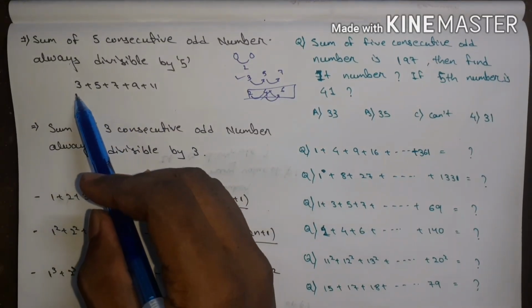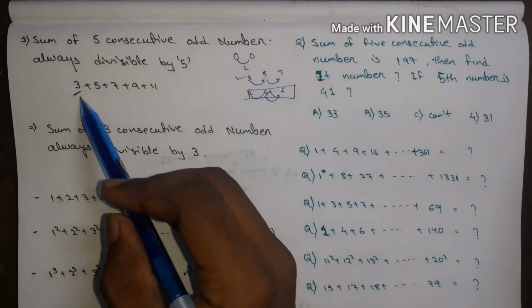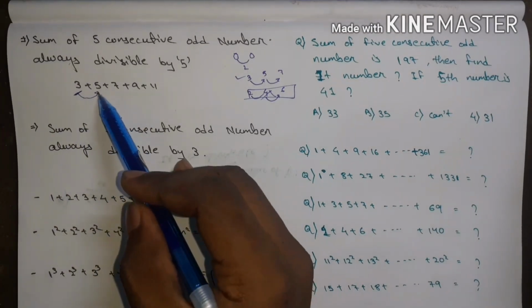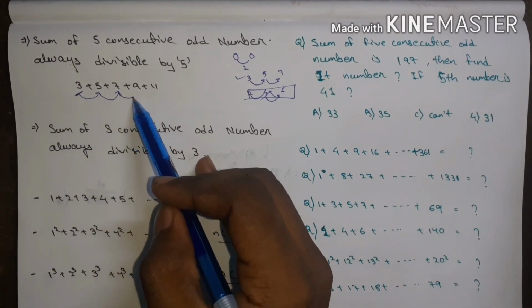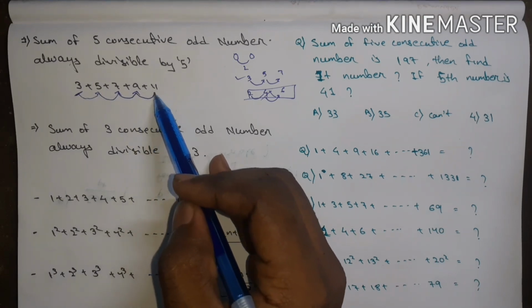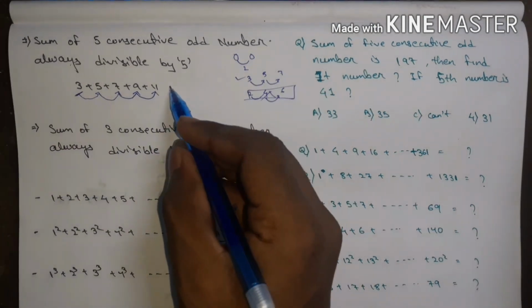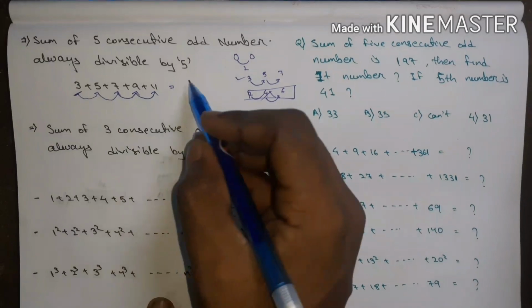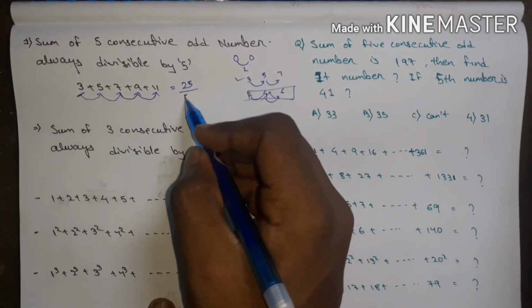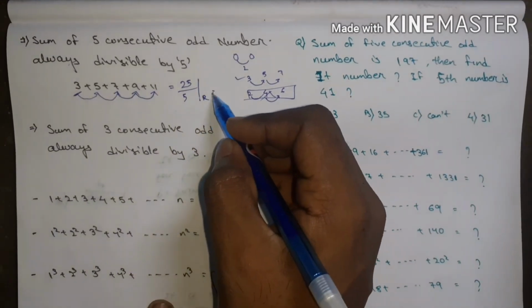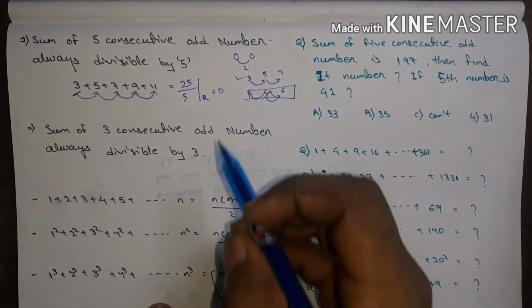If I let the first number be 3, the next is 5, then 7, then 9, then 11. Its sum is what? 25, always divisible by 5.